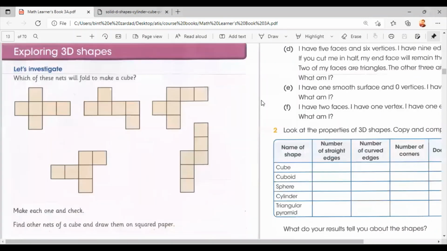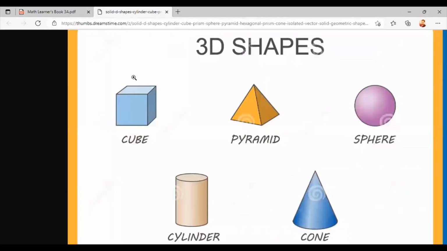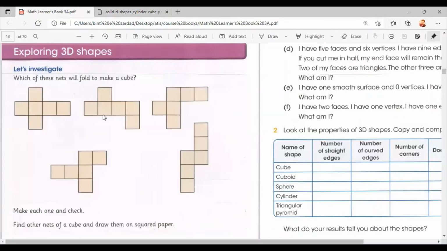So you can make a shape like this on a paper and cut from the corner and make a cube. You need to make a shape for a cube using different nets of paper. So fold it like this shape to make a cube.